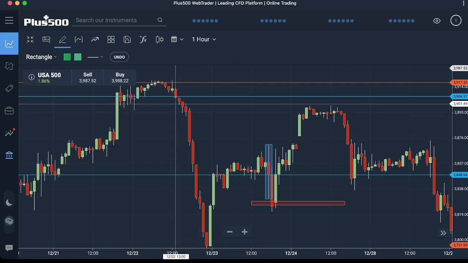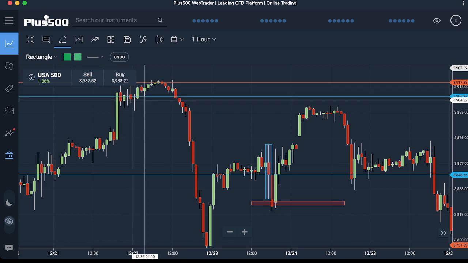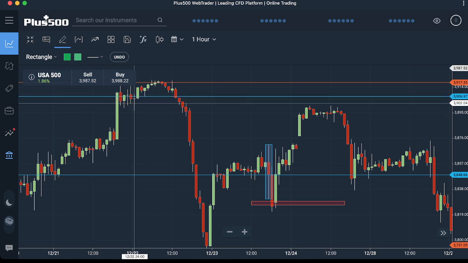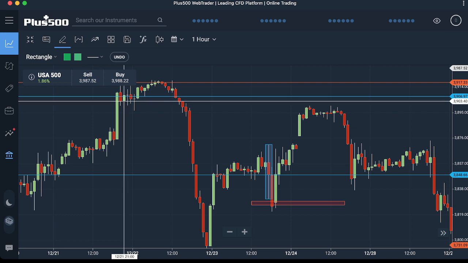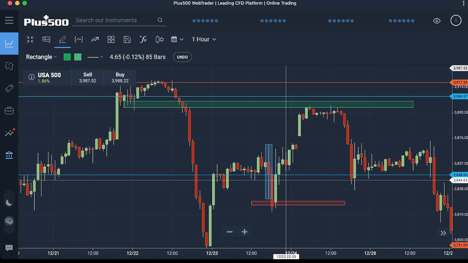For example, here, this is like the bearish breaker, so that's why we can set the target profit based on this candle, and you can see how it could hit the target profit.